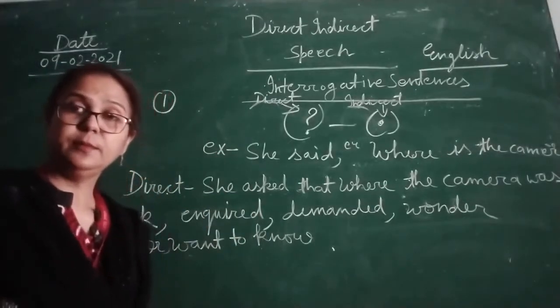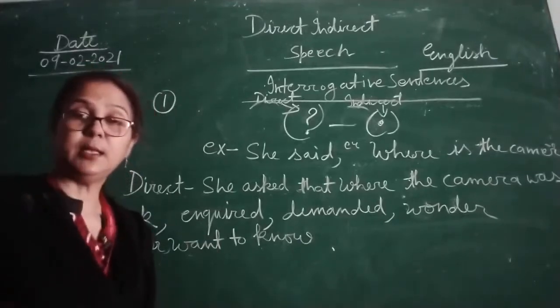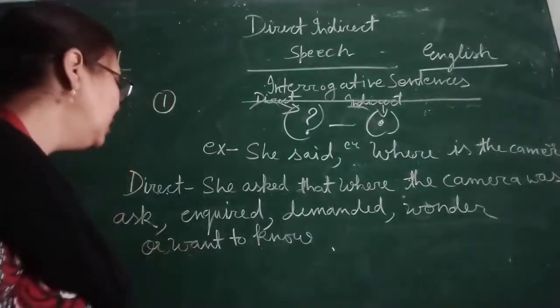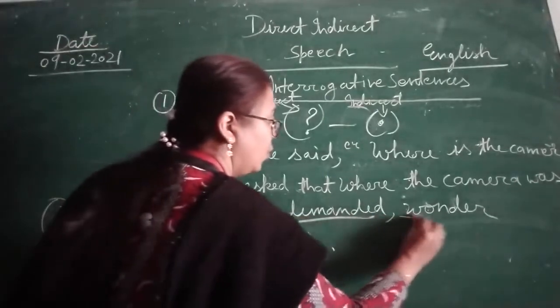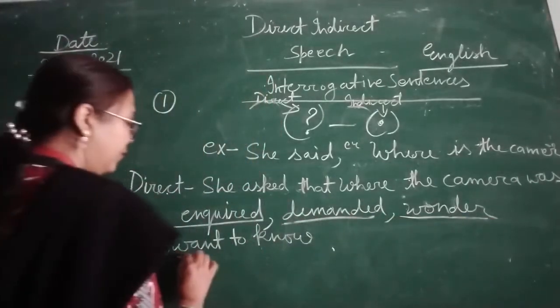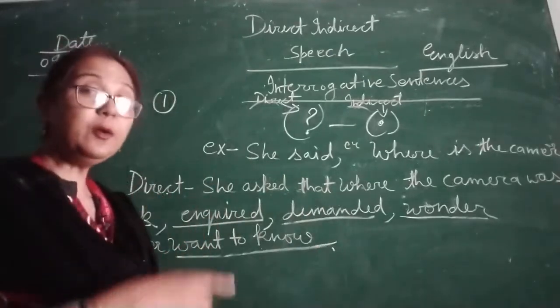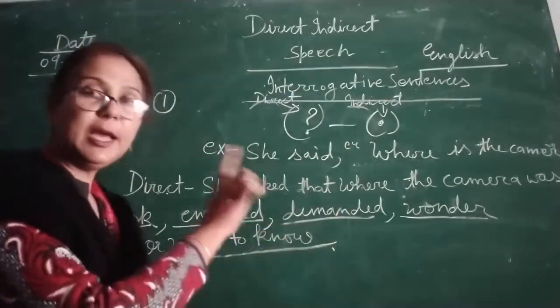So children, first of all, you should learn to comprehend the meaning of the sentence. Now here asked, inquired, demanded, wonder or want to know, we will use in place of said while making direct to indirect speech.